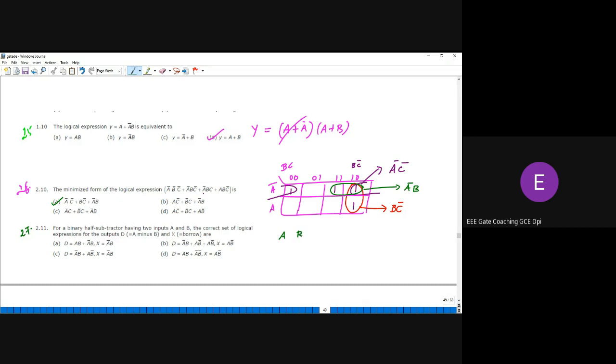AB. For AB, the possible values are 0 0, 0 1, 1 0 and 1 1, right? So what is 0 minus 0? 0 minus 0 is 0, right? This is your difference.